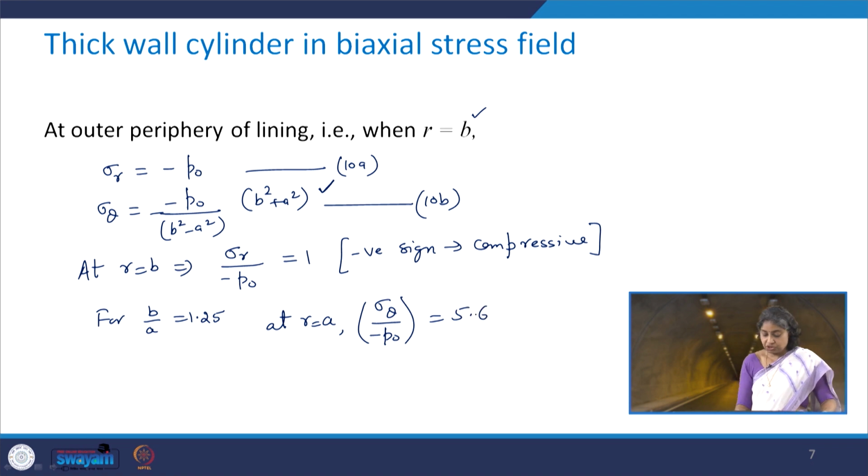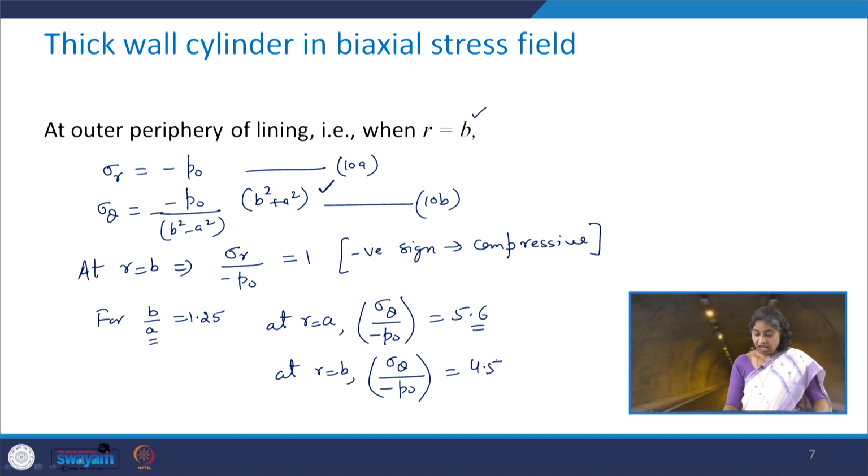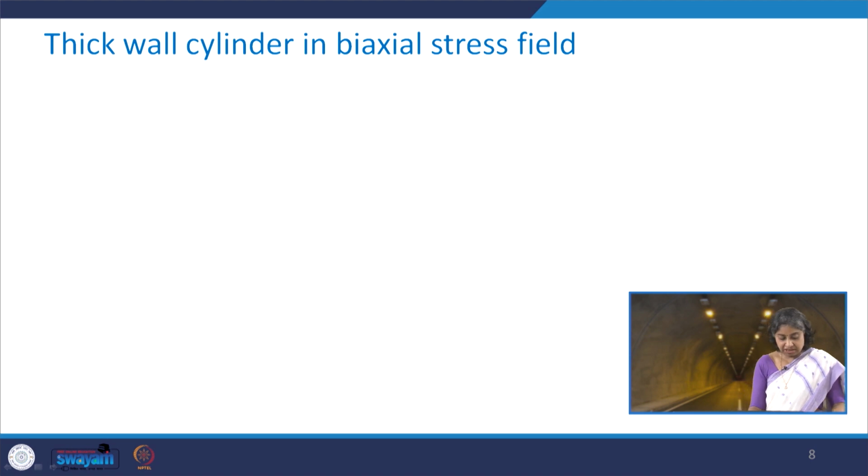You can just substitute the value of B by A in these expressions and you will get this term 5.6, and at R is equal to B, what you will have as sigma theta upon minus P naught is 4.5. So, let us try to plot this and try to see the variation of it.